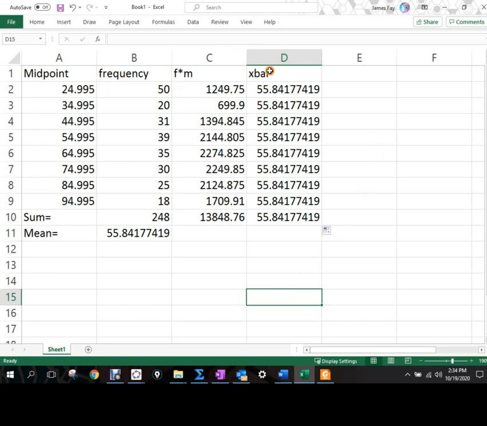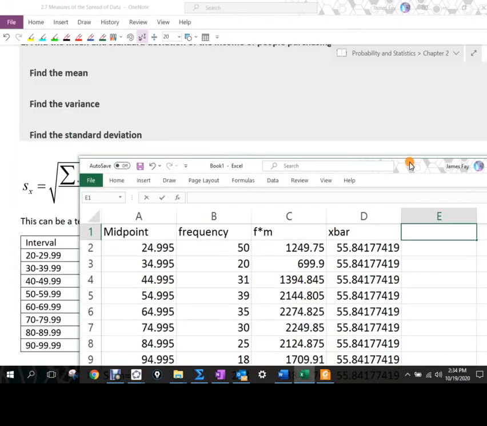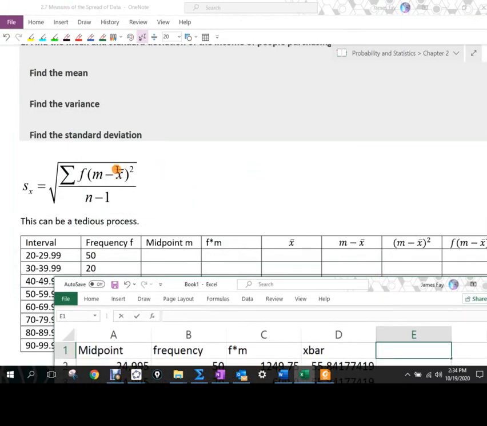In my table, I'm just going to put that X bar value and I just drag it straight down. This next column is going to be our midpoint minus X bar. Our mean is X bar and our midpoint is M, right?